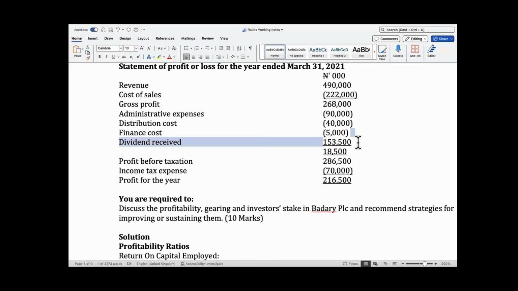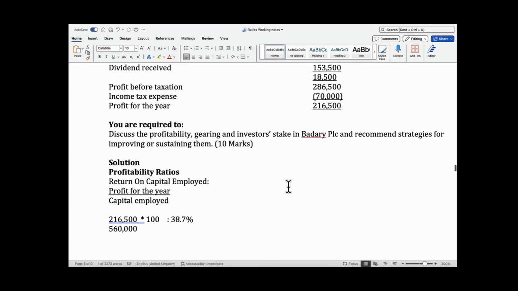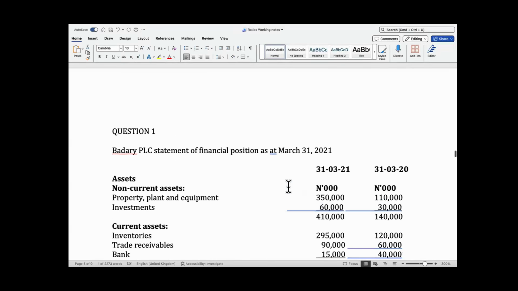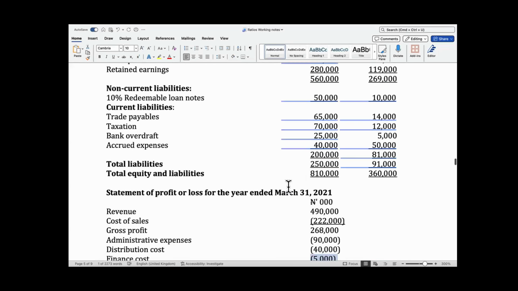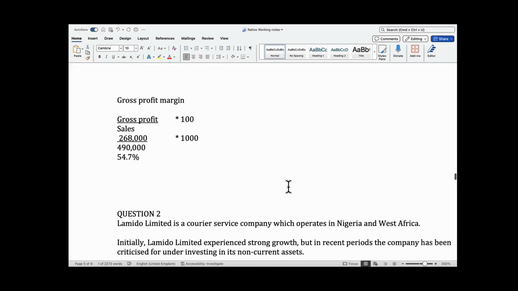I will deduct this dividend received and add this finance cost back, and that will give me my profit from operations. But in this case, I was not given all of that, so I have the freedom to play around.